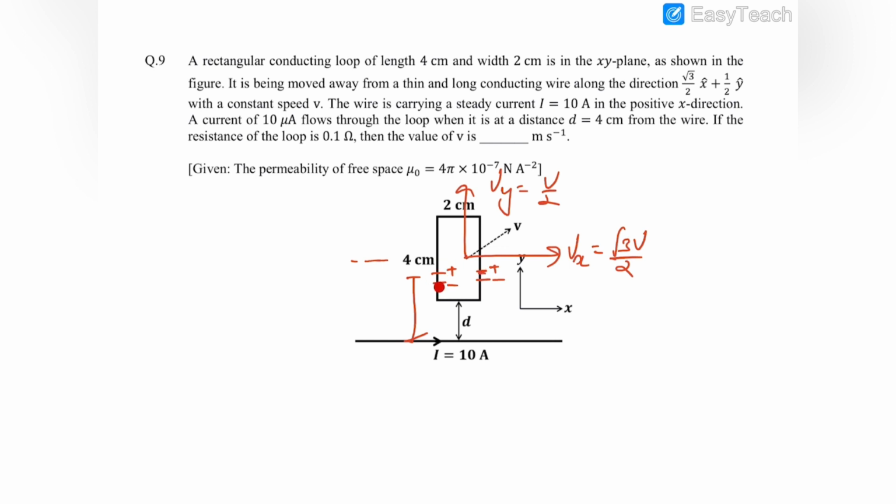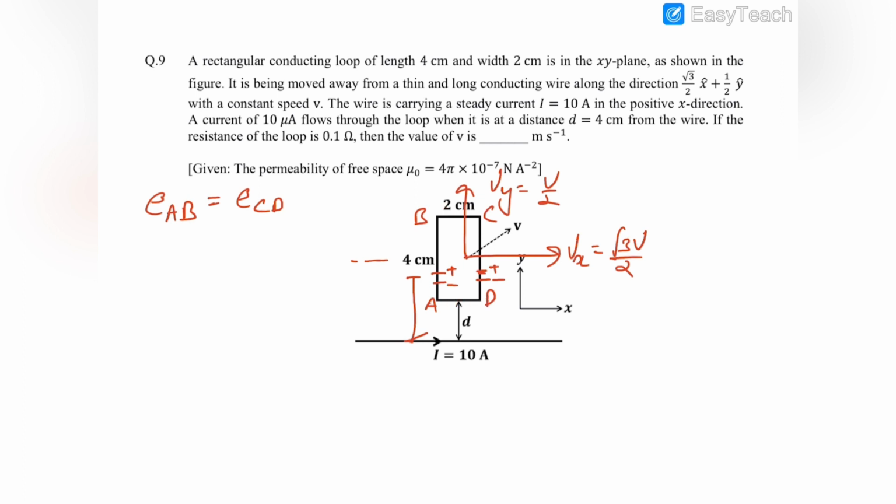You can see that plus E, and this would be minus E. I can name the wires A, B, C, D. So I can say that the EMF of AB will be cancelled out by the EMF of CD, because they are equal. Okay, now we just have to find out the EMF of AD and BC.